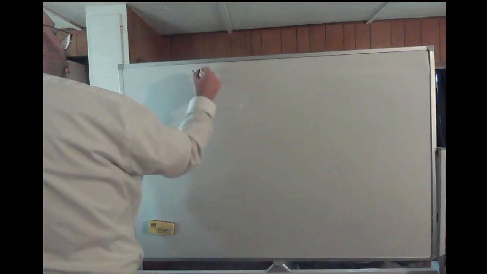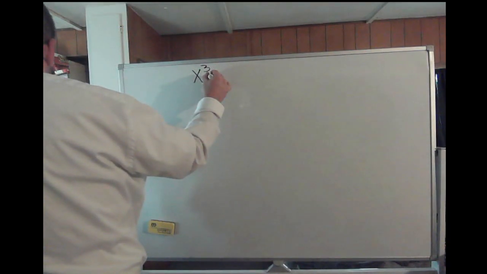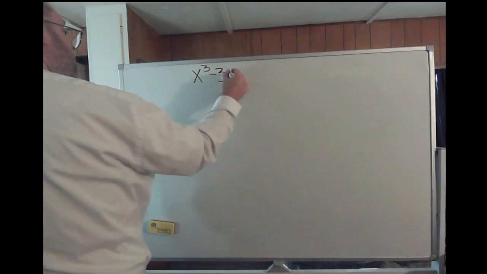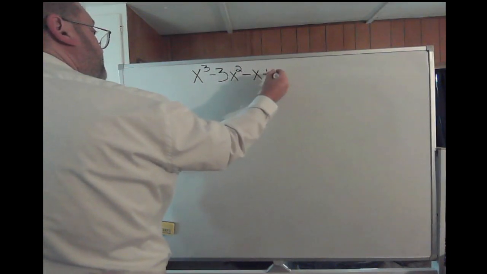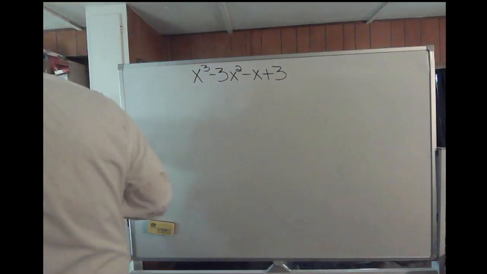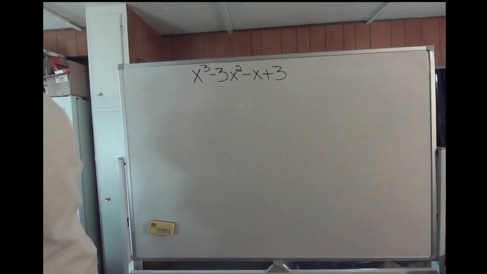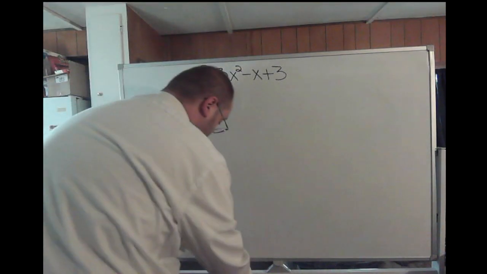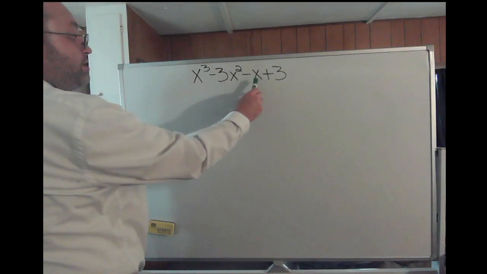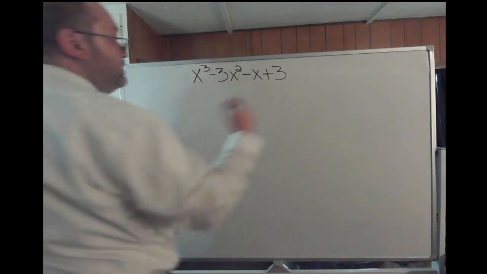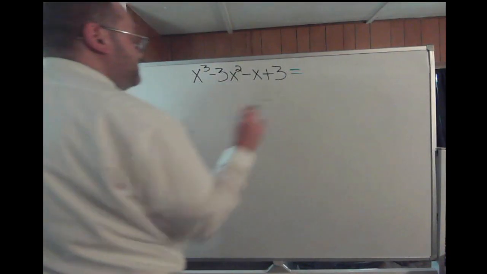Alright, let's see. We have x cubed minus 3x squared minus x plus 3. Looks like we're going to do the two sets of two terms approach.